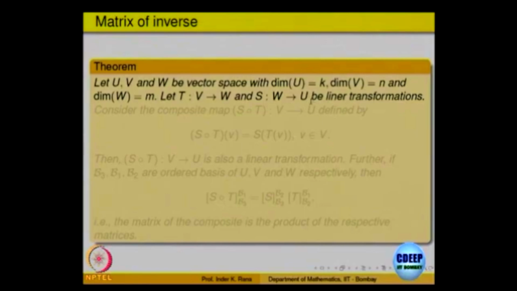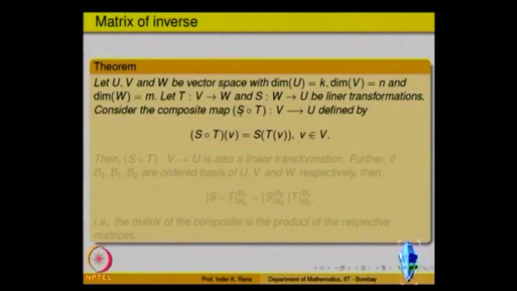So let us define what is called the composition, S composite T from V to U. T first applies to v, so you get T of v, which is an element in W. Compute the image of that under S. So that is S of T of v, and that is an element in U. So this is called the composite of the linear transformations.